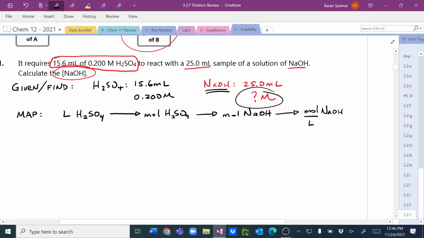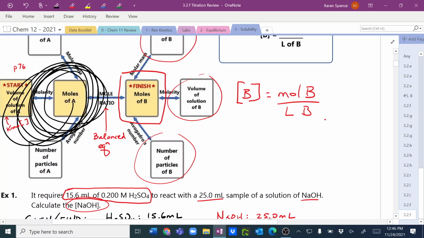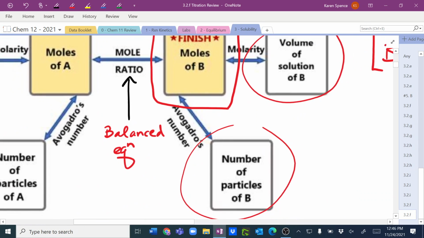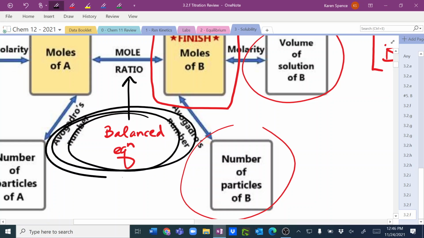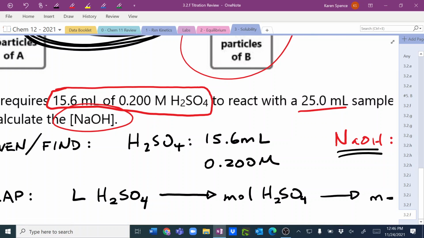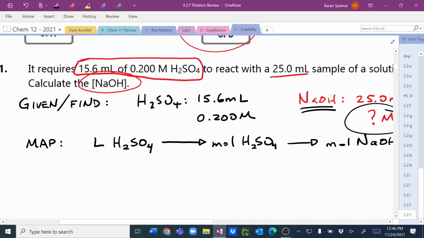The other thing you need to have for this, because remember, okay, I've drawn all over this way too much. What do we need to convert from moles of A to moles of B? We need a mole ratio, which requires a balanced equation. Okay, so we're also going to have to write a balanced equation if we are not given one.